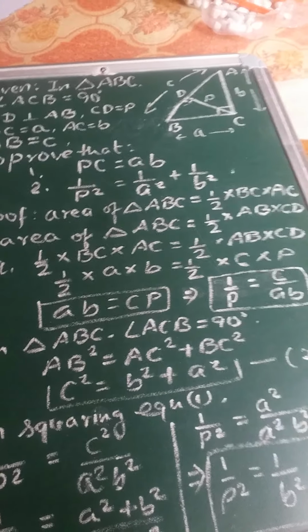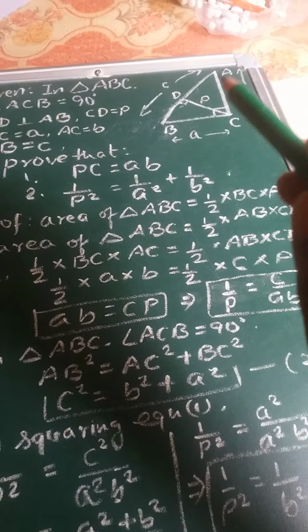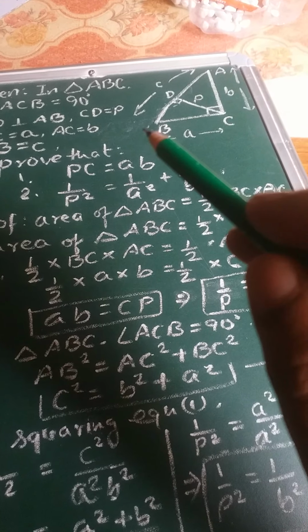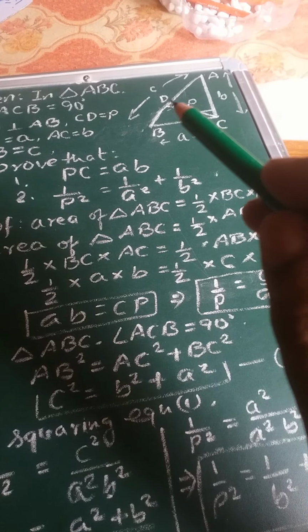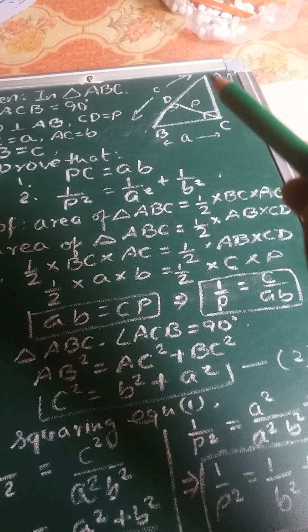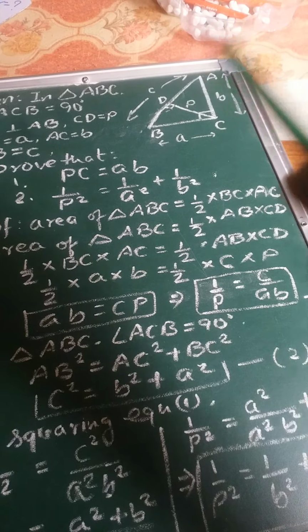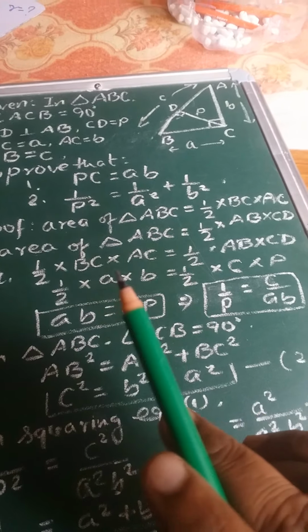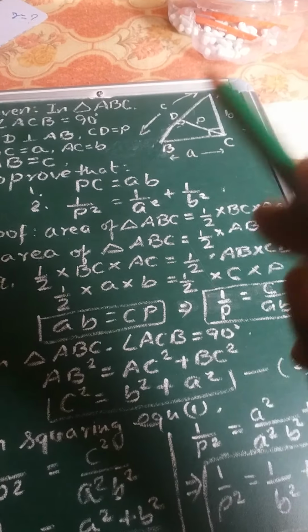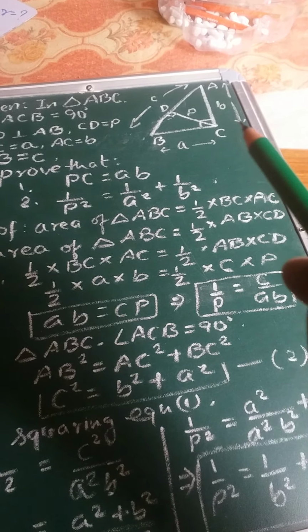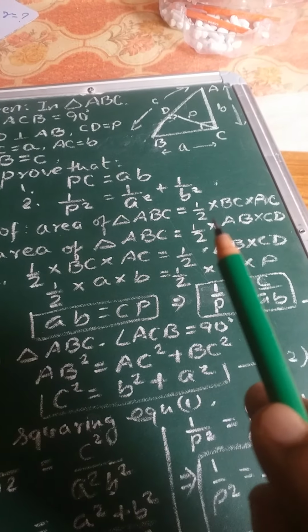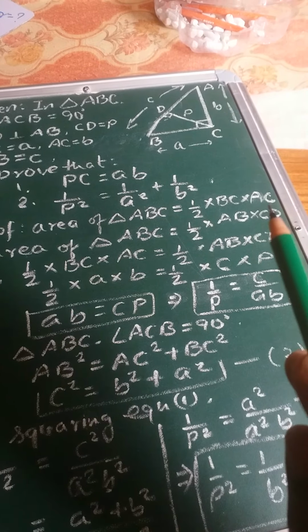Okay, what will I do now? Let's go through this topic. Look, it is a triangle ABC. If you take triangle ABC, AB is taken as base and CD is taken as height. So you know that the area of triangle ABC is 1 by 2 into base into height. If you take BC as the base and AC as the height, the area of triangle ABC equals half into BC into AC.